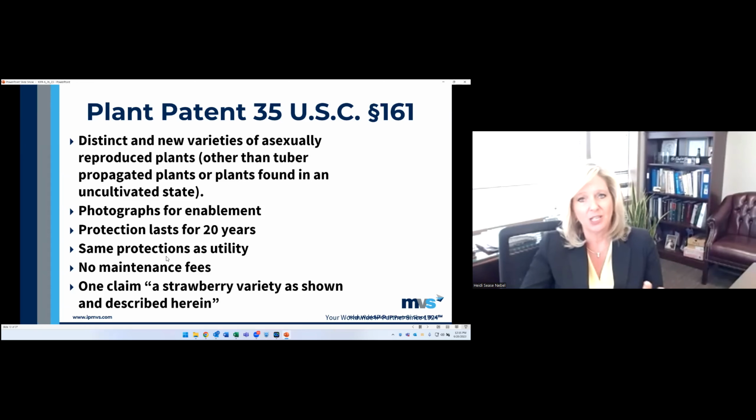You just need to be distinct and non-obvious in a couple of traits for patenting a variety that is the result of traditional breeding. Different standard of utility or non-obviousness for something like a gene that is isolated and sequenced. But right now we're concentrating exclusively on plant varieties.